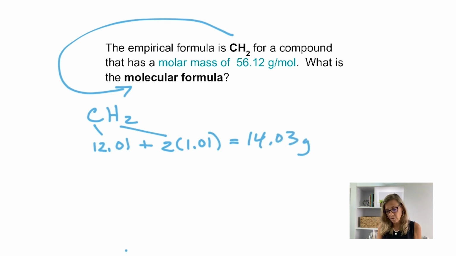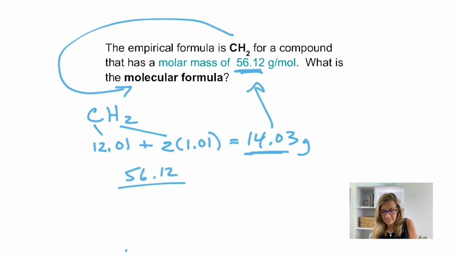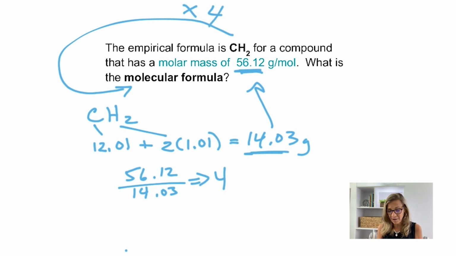Okay, so I'm looking for a molar mass of 56, and CH2 is 14.03. So it's definitely not CH2. So what multiple of 14 is 56? Well, 56 divided by 14.03 is exactly 4.